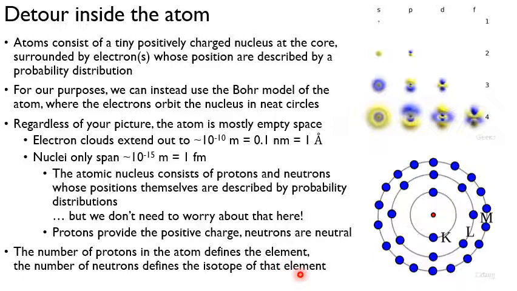So for instance, if I have 1 proton and 0 neutrons, that's just hydrogen. If I have 1 proton and 1 neutron, that's called deuterium. 1 proton and 2 neutrons, that's called tritium. For most of the other elements, we don't have cute names for them.